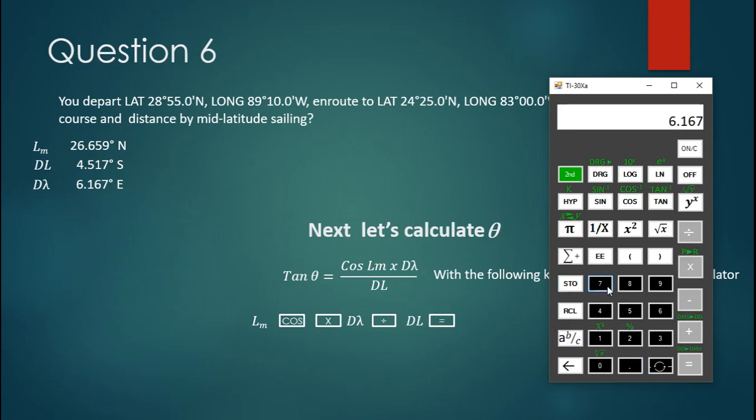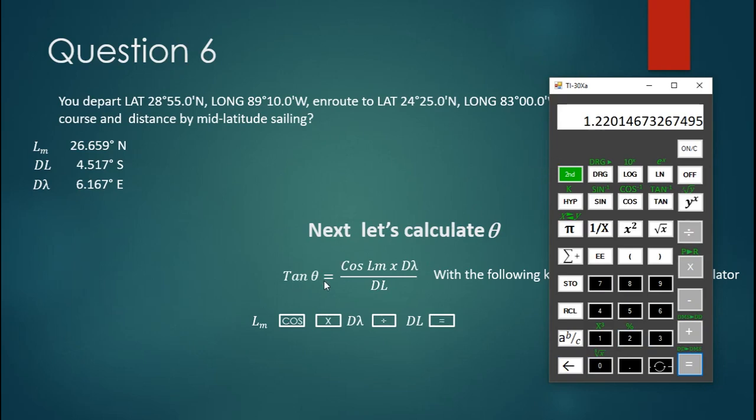And we're going to divide that by our dl, which is 4.517, equals. Now that is the tangent of theta.